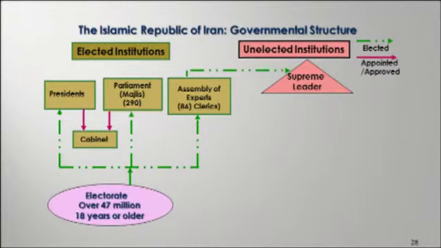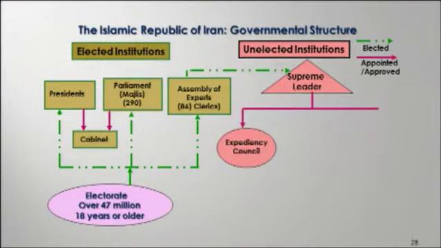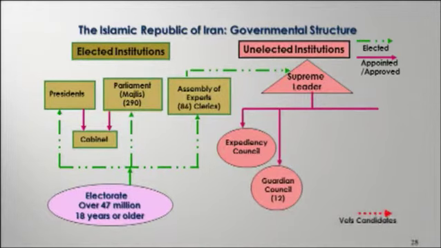So you have the Expediency Council, which we already discussed. Under the leader, you have the Guardian Council, also under the leader, and then you have this vetting, which is exercised by the Guardian Council. So the entire election process has to be mediated by this vetting process exercised by the Guardian Council.